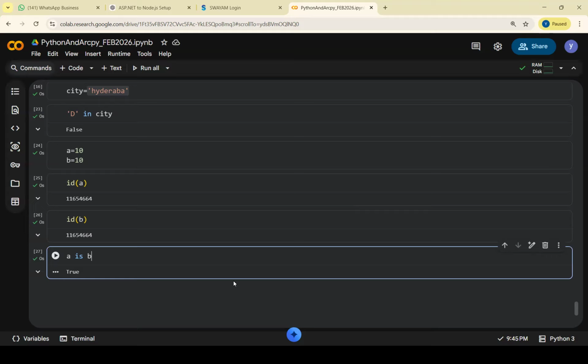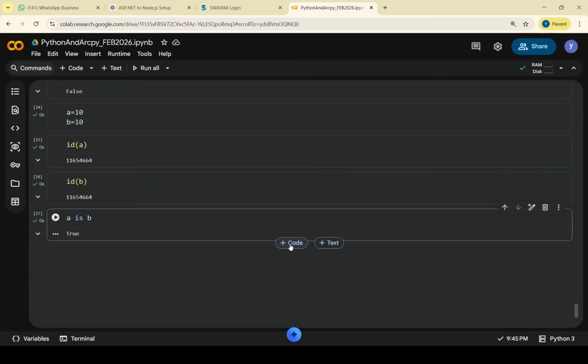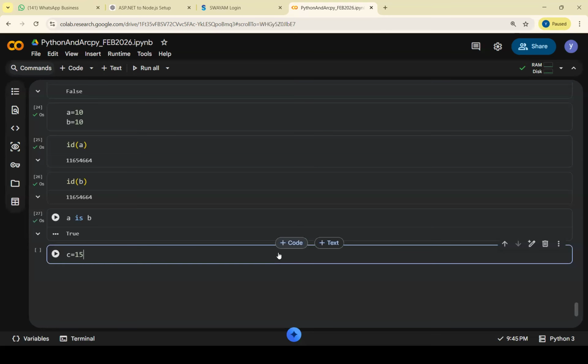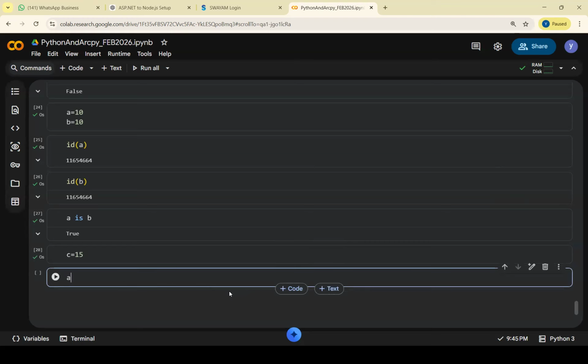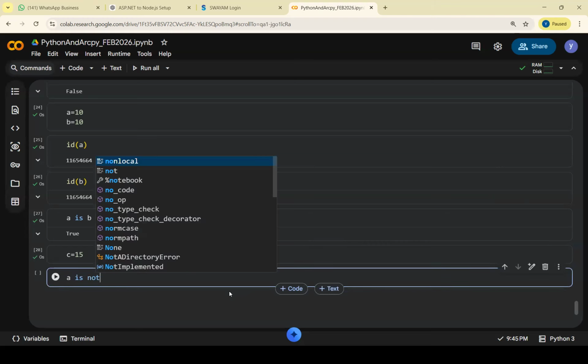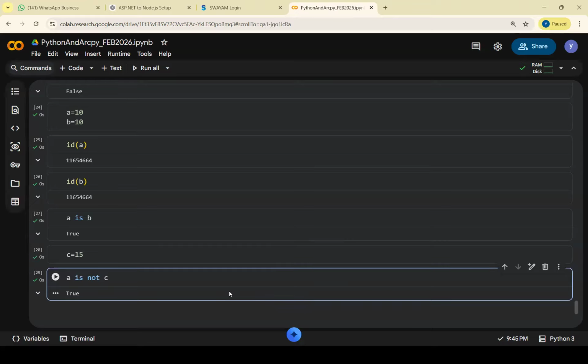So both are identical. Now let's suppose c is equal to 15. If I write a is not c, the answer will definitely be true, because whatever I have written is correct.